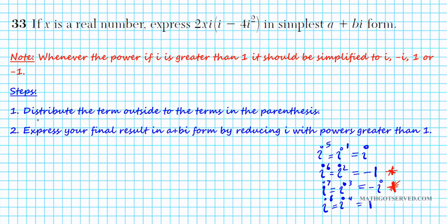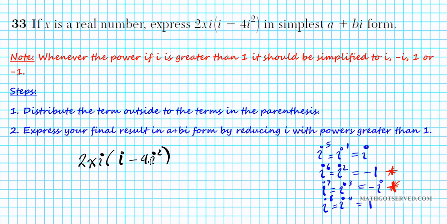Step one is you're going to distribute. And then step two, we're going to express it in the simplest a plus bi form by reducing any i's that have a power greater than 1. So we have 2xi times i minus 4i squared.